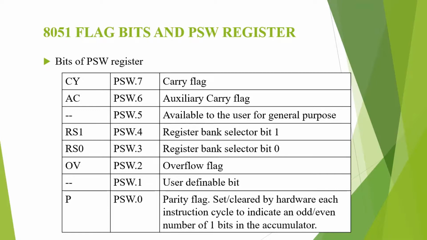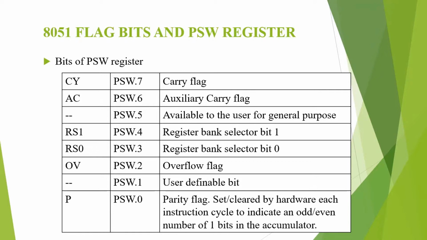The parity flag, PSW0, is set or cleared by the hardware to indicate an odd or even number of 1 bits in the accumulator. The carry flag is set when there is a carry generated from the D7 bit, and the auxiliary carry flag is set when there is a carry generated from D3 to D4.